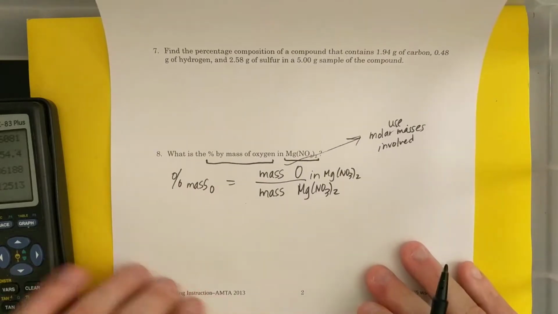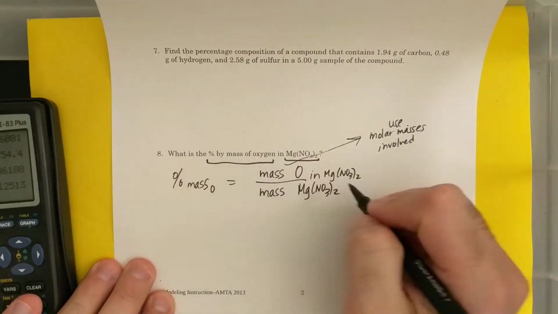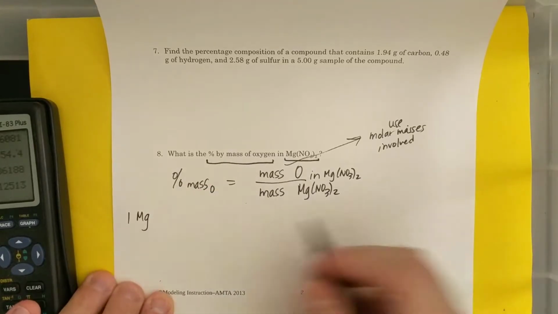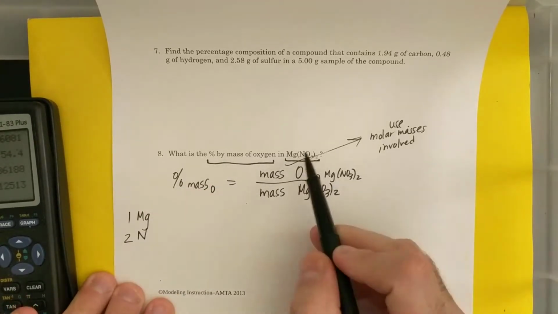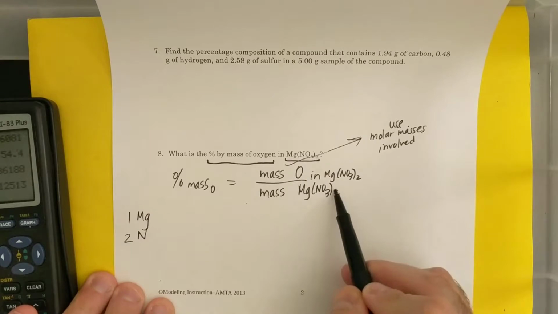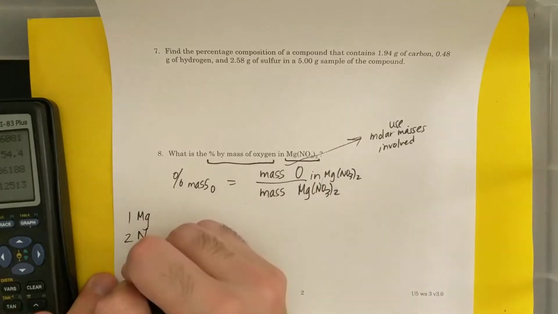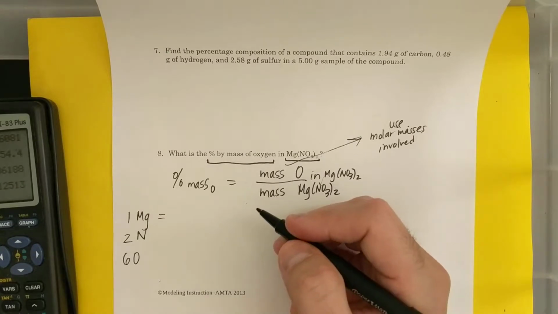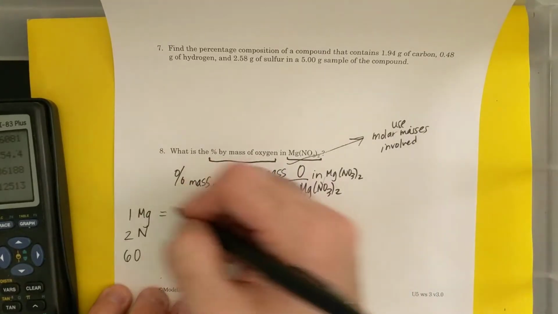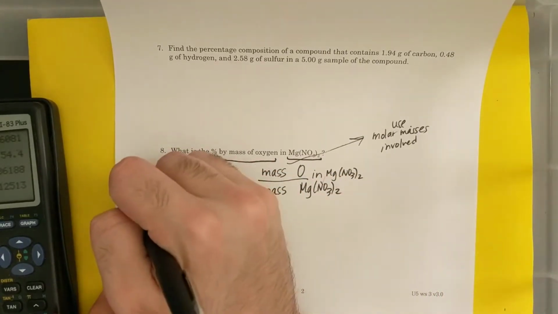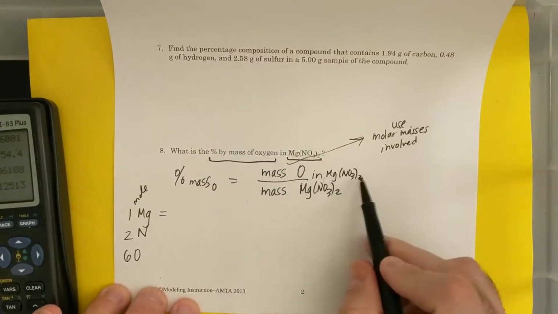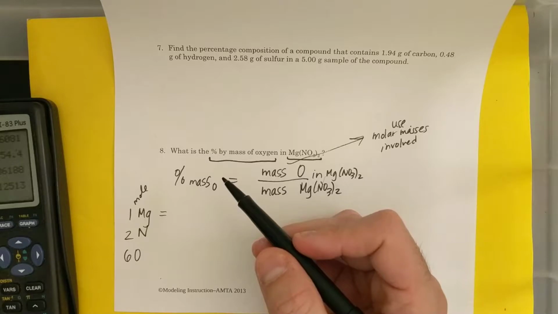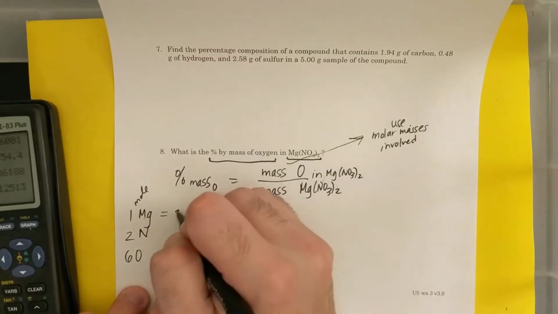So let me remind you how we get the molar masses. For MgNO3 I have 1 Mg. I have 2 N's. Don't forget that that 2 distributes on the inside, so I have 2 N's. And then I have 6 O's. If I have 1 mole of this compound, if I have 1 mole of magnesium, that mass is 24.305 grams.